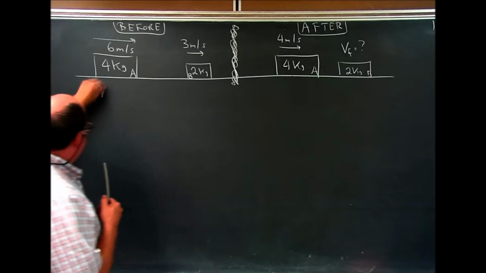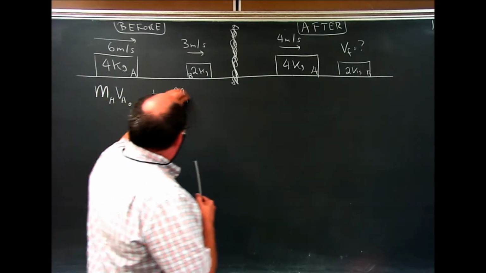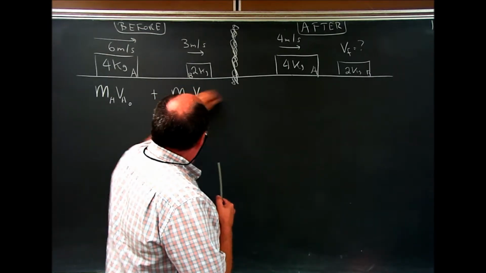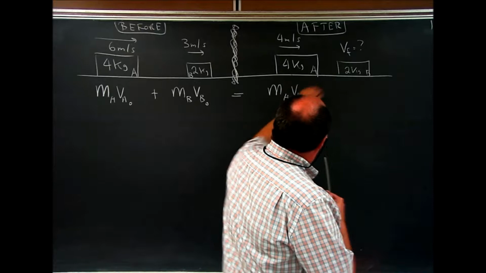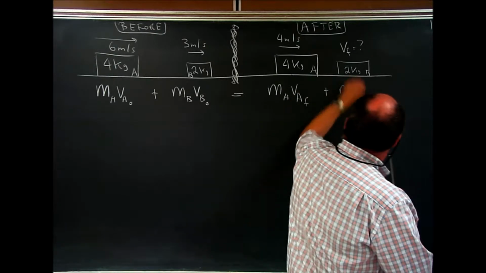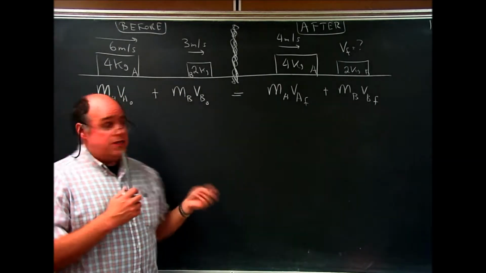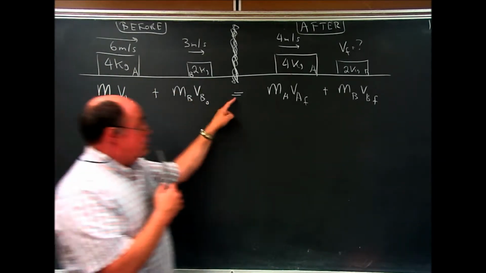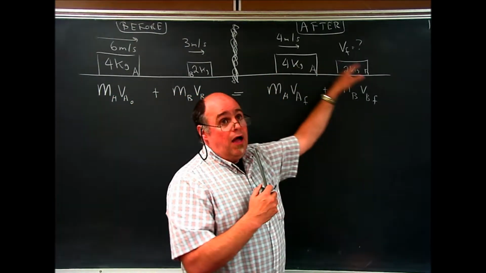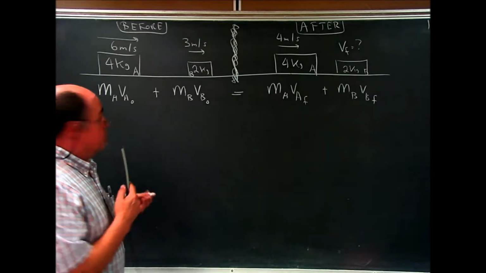So it's m_A v_A initially plus m_B v_B initially equals m_A v_A finally plus m_B v_B finally. That's what conservation of momentum says. The total momentum of the system before the collision is equal to the total momentum of the system after the collision. And I have mostly these numbers, so I can plug them in.